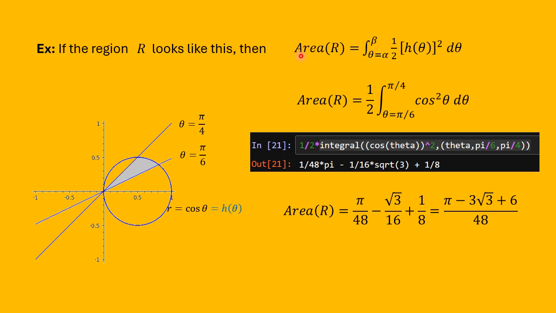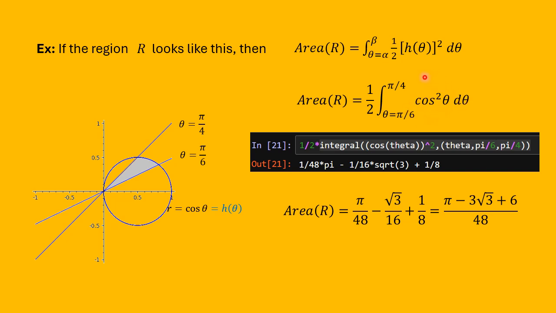By what we saw so far, the area of R is going to be 1/2 the integral, if we pull this half outside, that is, the integral of theta equals alpha to beta, h of theta squared d theta. So h of theta is the cosine of theta. So this turns into 1/2 the integral from pi over 6 to pi over 4 of cosine squared theta d theta.